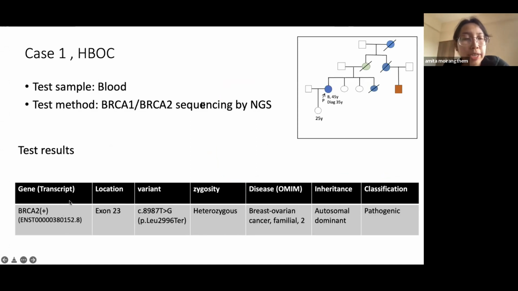The labs usually give us the details of the variation which they have identified. So here is the name of the gene with the transcript, the location, the variation details, what is the protein change, what is the DNA change, what is the zygosity, inheritance, and classification.